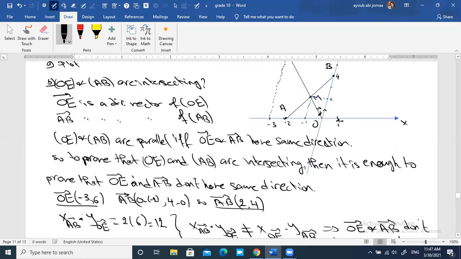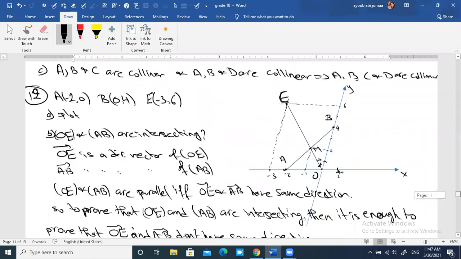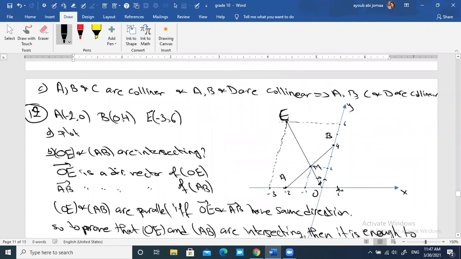Here M is the intersection. Find two different relations between A and B. How can you find the relations between A and B?